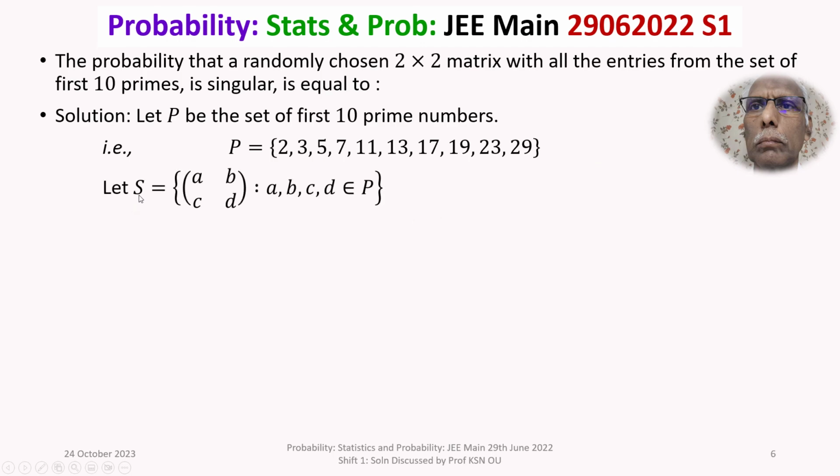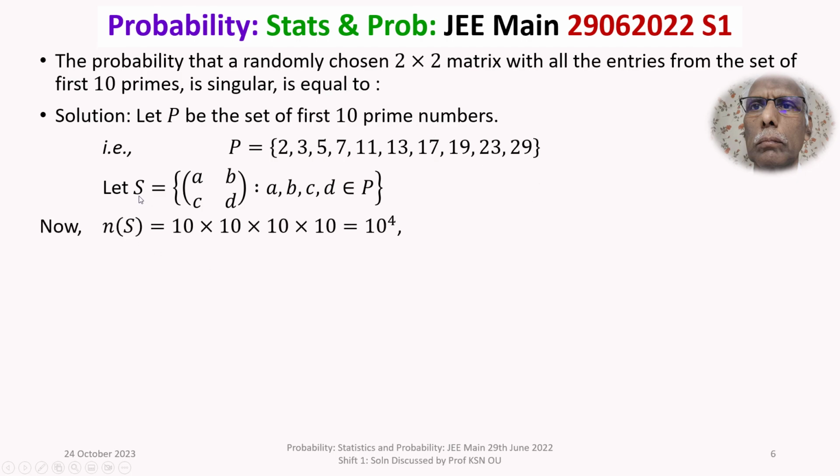Let S, the sample space in this case, be the set of all 2 by 2 matrices with first row A, B, second row C, D, where the entries A, B, C, D belong to P, the set of first 10 primes.